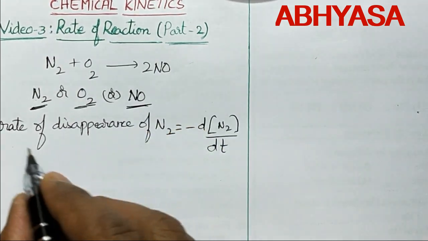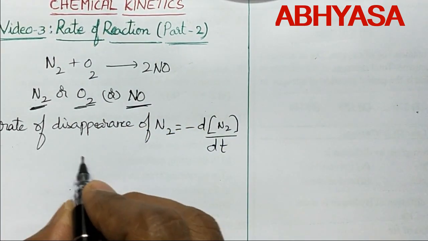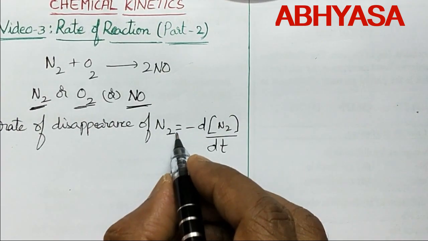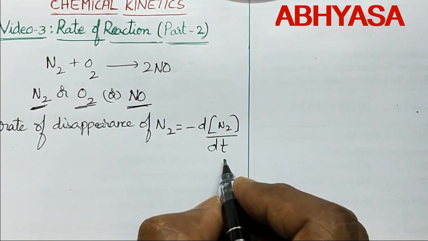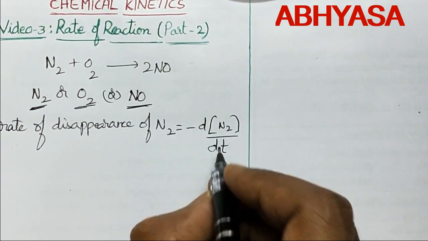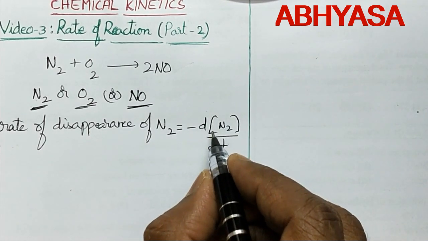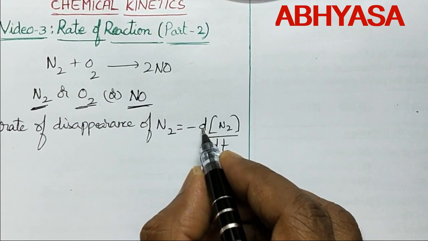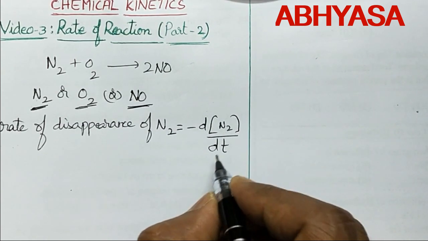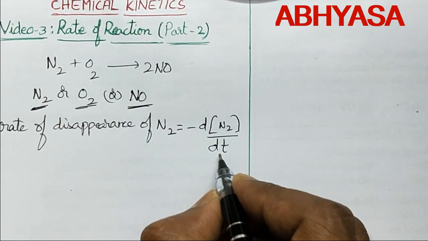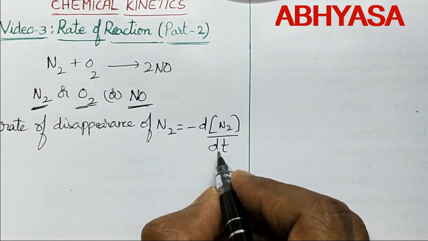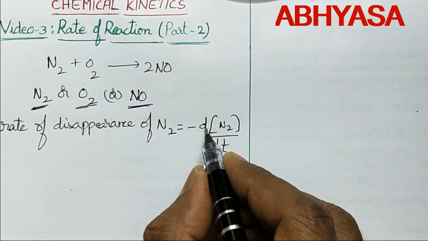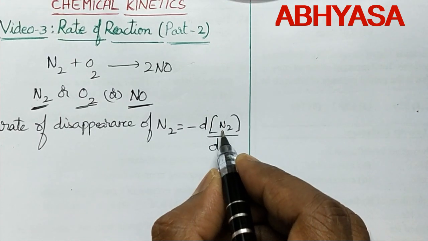Let me write it like this: the rate of disappearance of nitrogen is equal to minus dN2 by dt. It means that the change in concentration of nitrogen, dN2, occurs in the time interval dt.